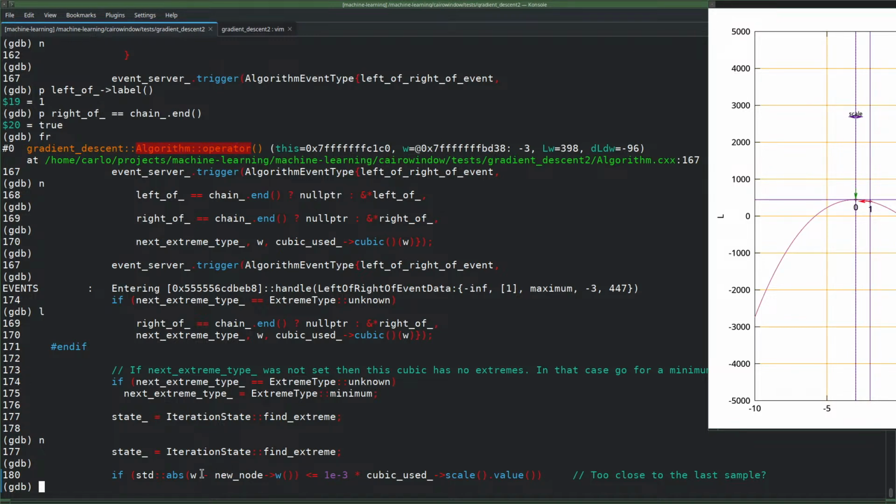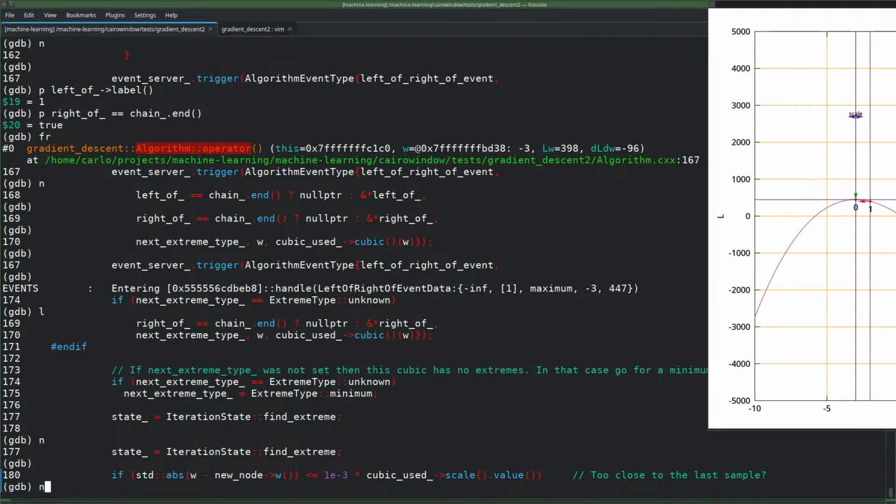And then if W minus new node W, so the new node was already inserted, and well, at the exact same point as 0. But I don't want that to happen. No, it's nonsense.